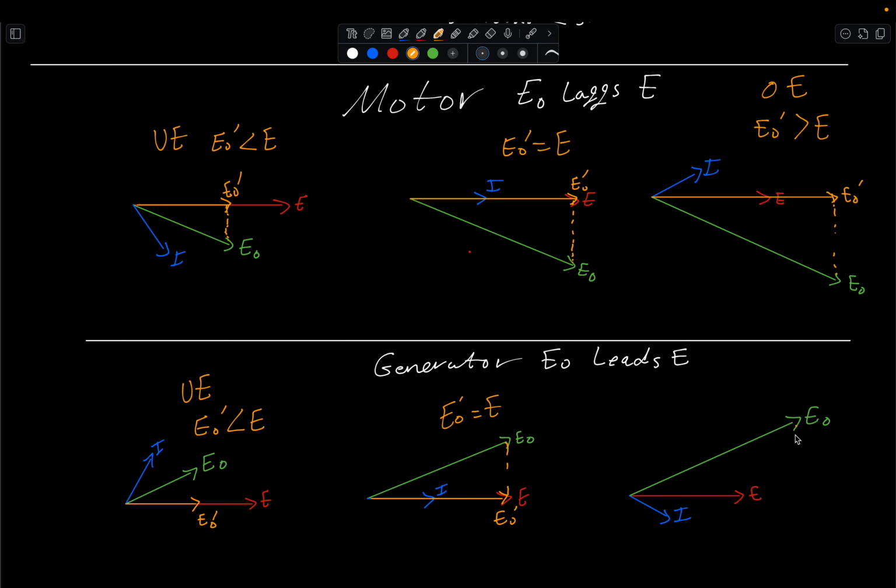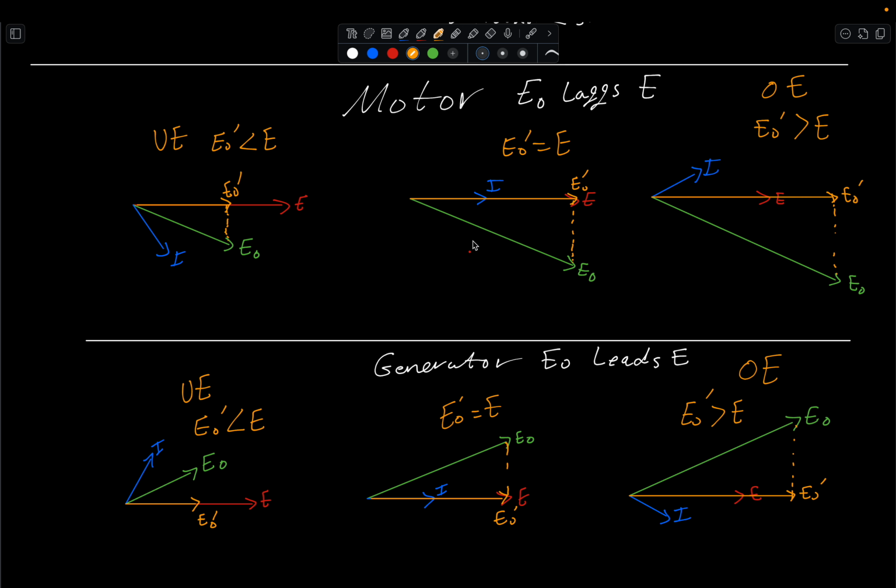Same thing here. You can see that our EO real value is larger than E, and that also makes it overexcited for the generator.